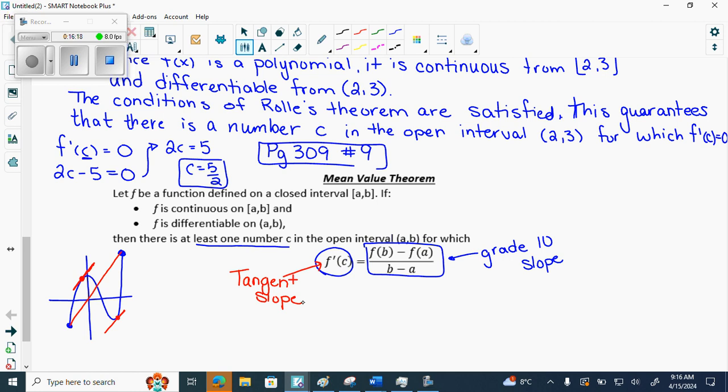So if I find the slope between the two, the grade 10 slope between those 2 points, I can then look for the c, or the x value, or values, this one would have had 2, where that tangent slope is equal to the actual slope between the two points. Do you get what I'm saying? So mean value theorem is to show that there's actually a tangent slope equal to the slope of the two endpoints.